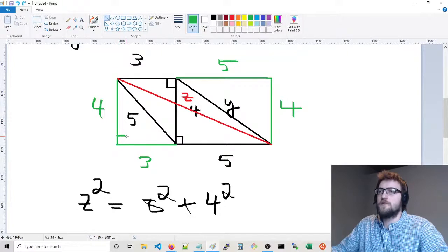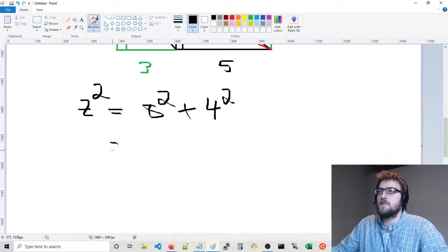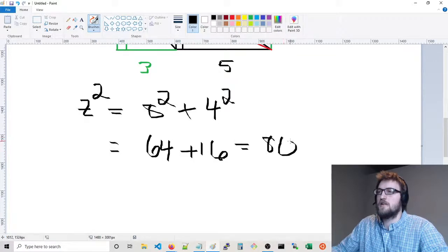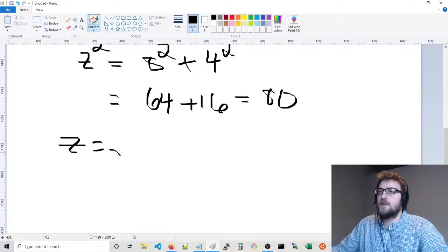So Z squared is 64 plus 16, which is 80. Z is the square root of 80.